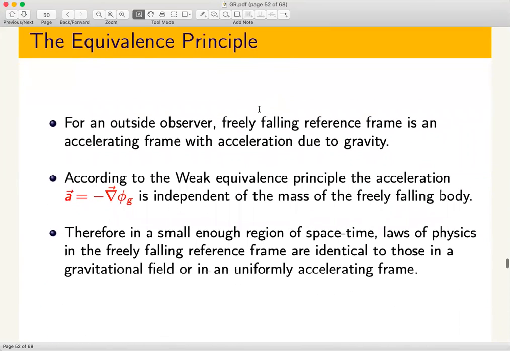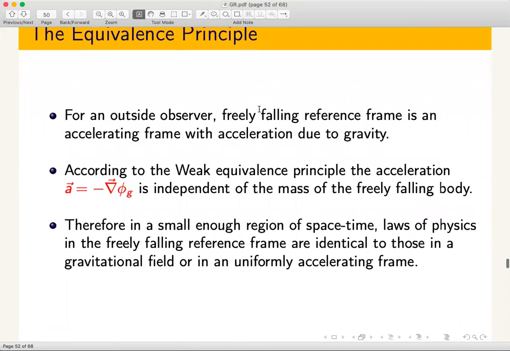Fine. So suppose you have an observer who is sitting outside, watching a freely falling object, which is what we would call a freely falling reference frame. Then from the observer sitting on Earth and seeing a projectile fall, for example, something thrown up that comes down, that object would look like an accelerating frame, and the acceleration that frame has with respect to the outside observer is precisely equal to the acceleration due to gravity.